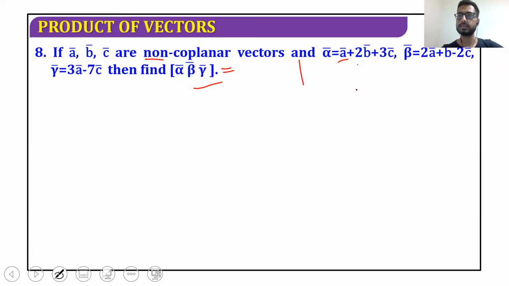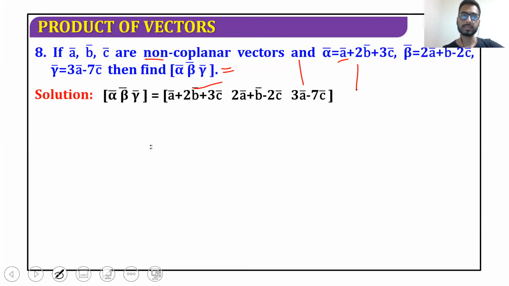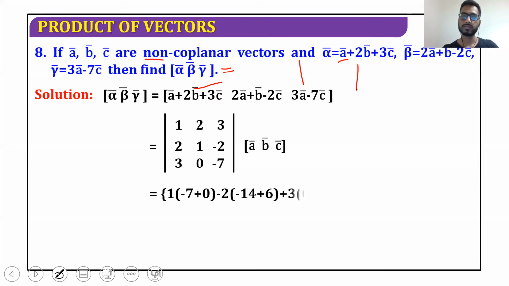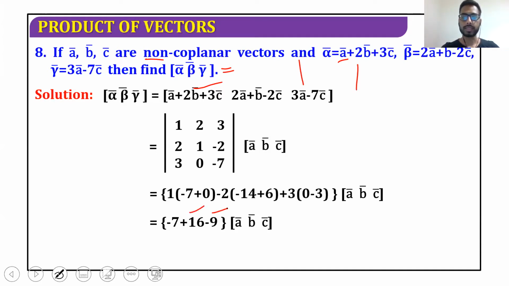Write the rest terms inside your determinant and then expand that determinant. 16 minus 9 and minus 7 minus 16 plus 16 minus 16 is 0. So 0 into anything is going to be equal to 0.